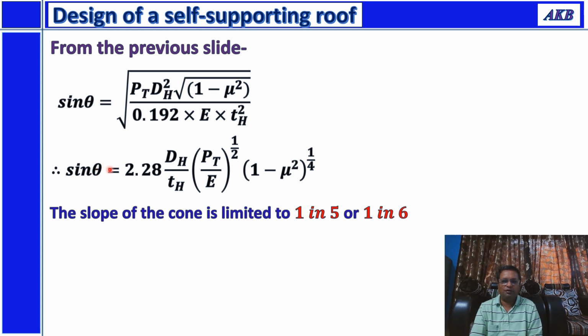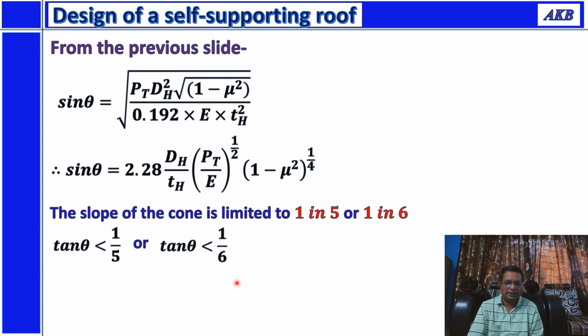And what is the significance of the slope for the conical roof? The slope of the conical roof is limited to 1 in 5 or 1 in 6. That means tan theta should be less than 1 divided by 5, or tan theta should be less than 1 upon 6.